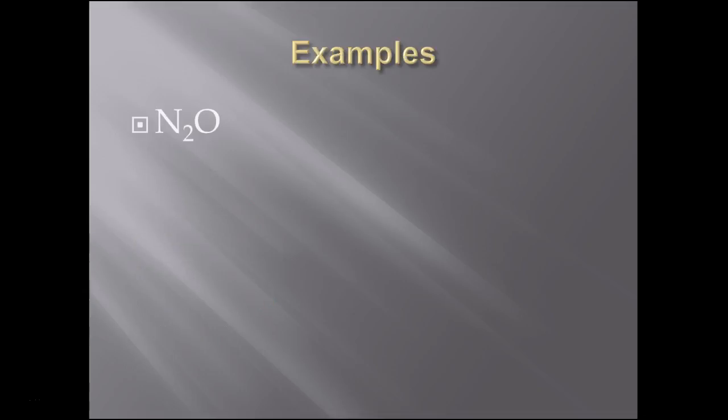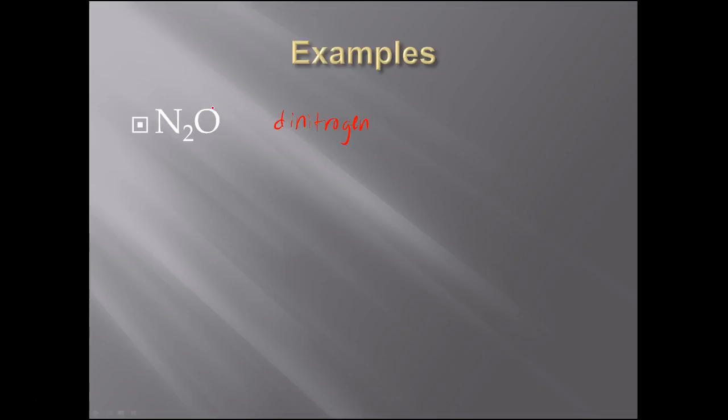Let's go through a couple examples here. First one, N2O. Well, we've got two nitrogens here. Remember the first element, we just use the name of that element. So it's going to be nitrogen. And then we have to attach a prefix at the start based on how many we have. So there's two nitrogens there, so we're going to attach the prefix di.